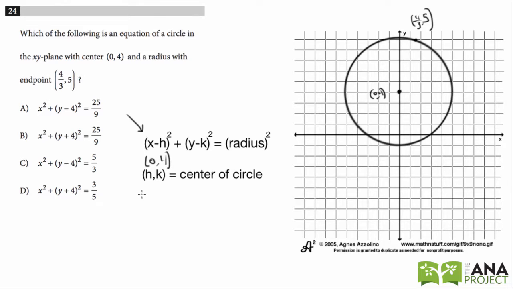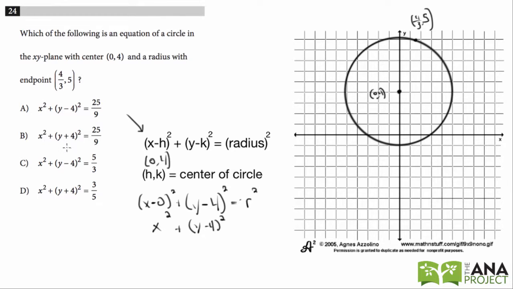So we can do the left side of the equation: x minus 0 squared plus y minus 4 squared equals, I'm just going to say r for radius. So x minus 0 squared is just x squared, plus y minus 4 squared.